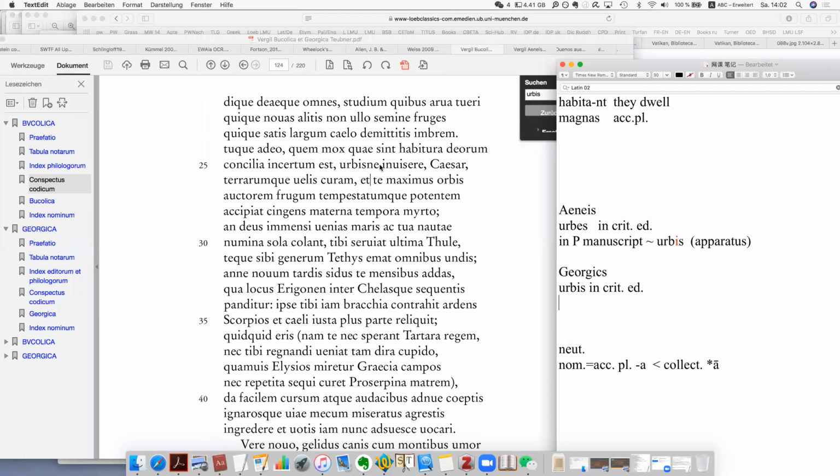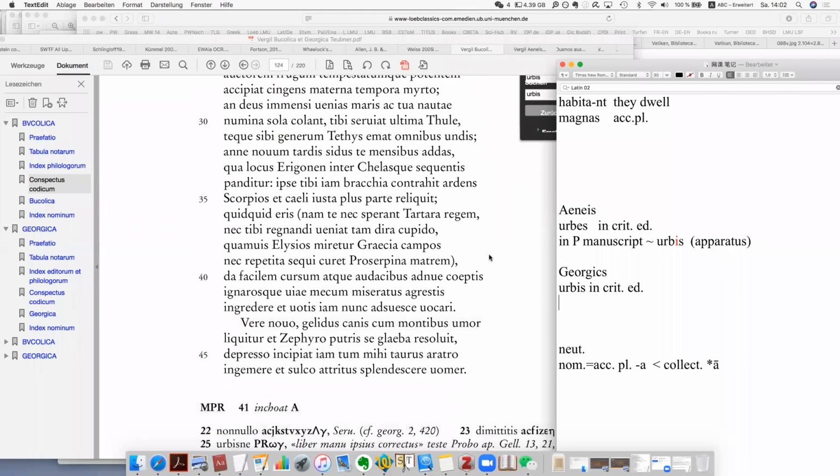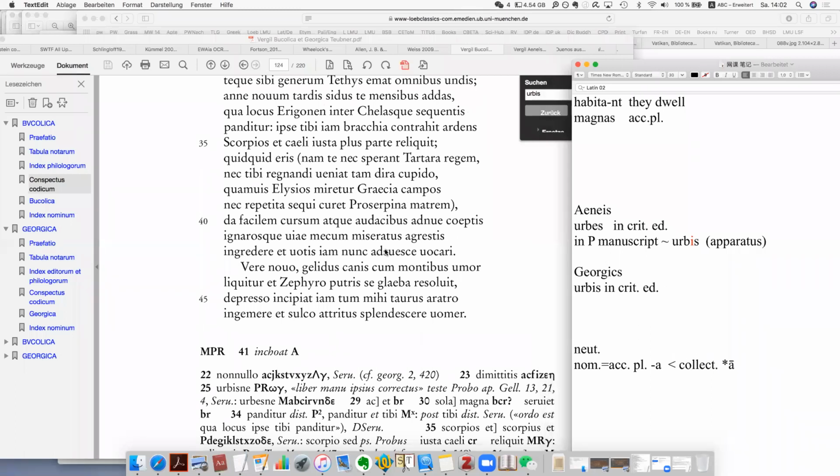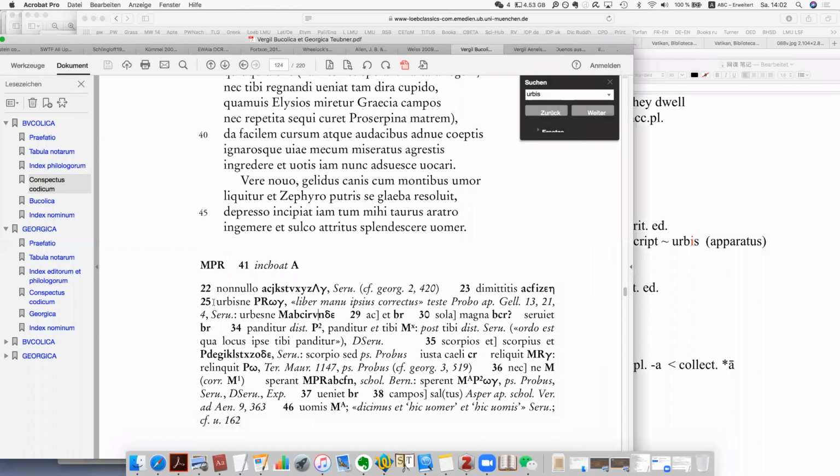This is "Urbis ne inuisere". And let's check the apparatus. It's really tricky, right? "Urbis ne prog liber manu ipsius correctus." So it is corrected by the same hand, right?